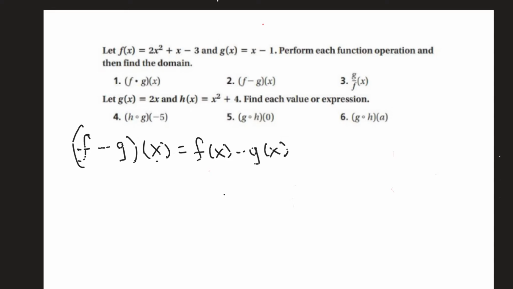So I'm going to substitute what I know for f of x, which is 2x squared plus x minus 3, minus, now you have to make sure that you have parentheses around the function g so we can subtract correctly.